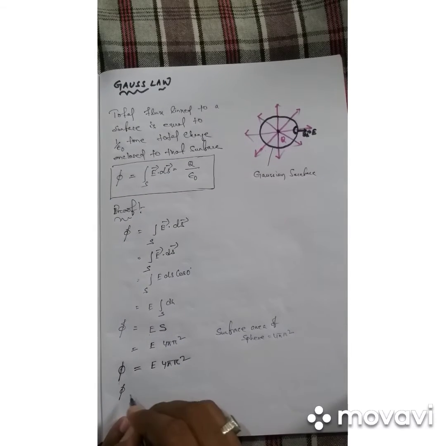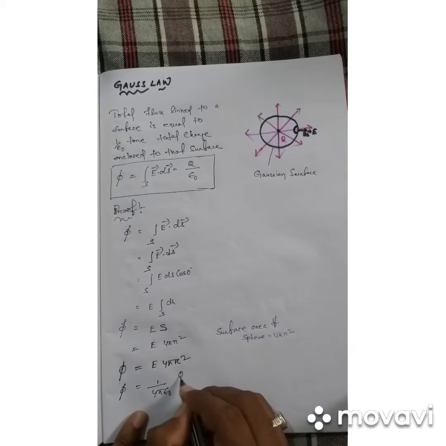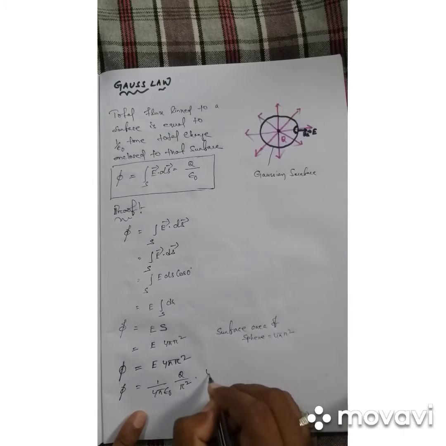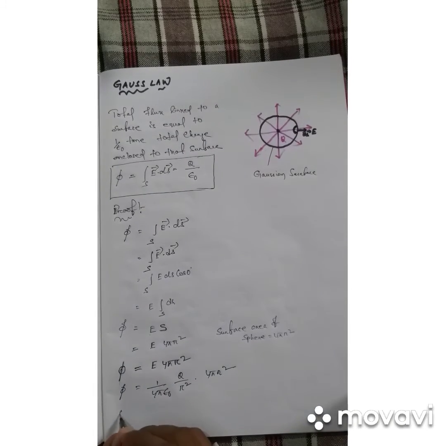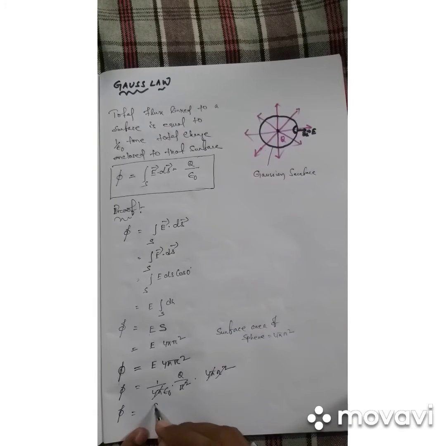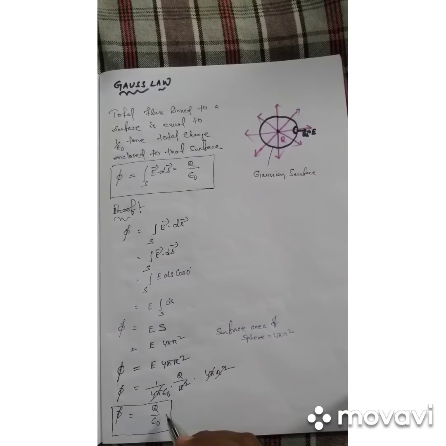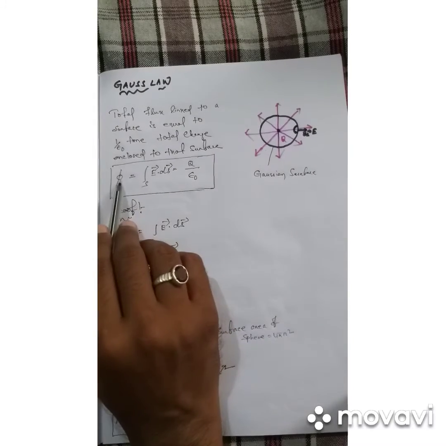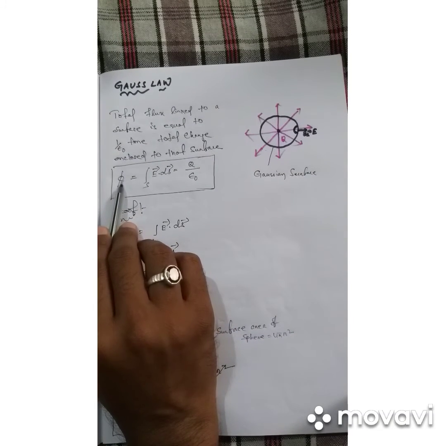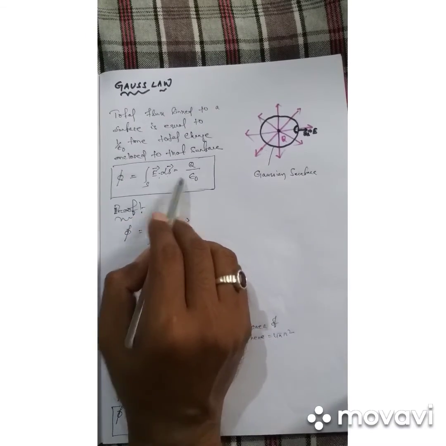We know the electric field intensity can be represented as 1 by 4 pi epsilon 0 q by r square. So phi equal to, on the right side 4 pi cancels out, r square cancels out, so phi equal to q by epsilon naught. So that is the formula of Gauss law. So already I have written phi equal to the surface integral of E vector dot dS vector equal to q by epsilon 0. Clear?